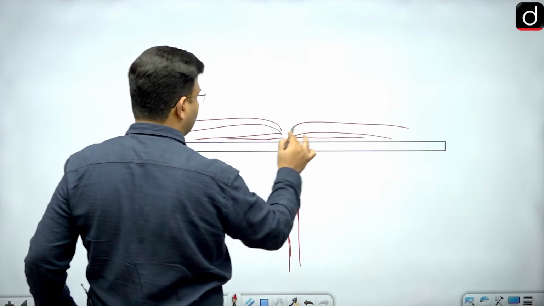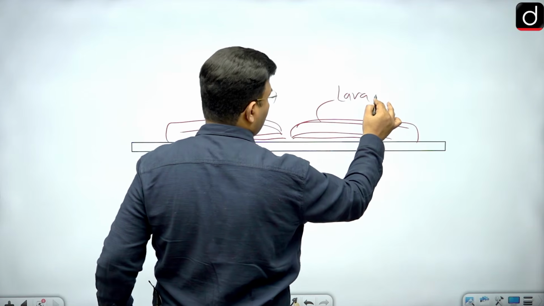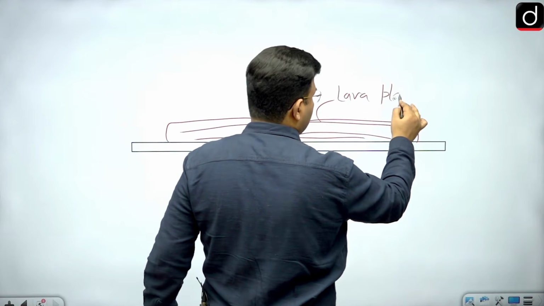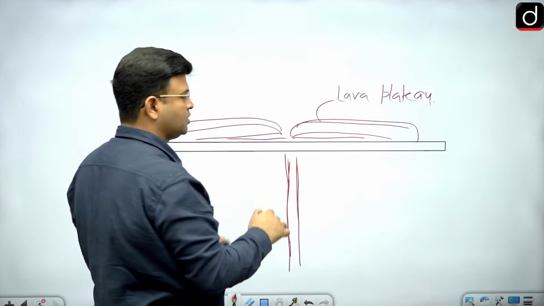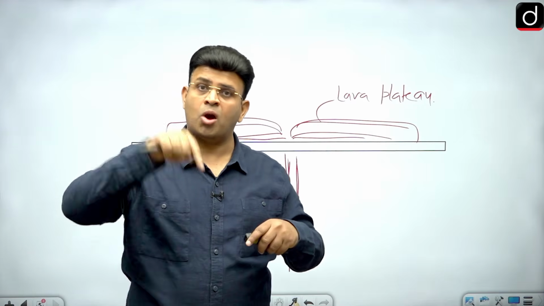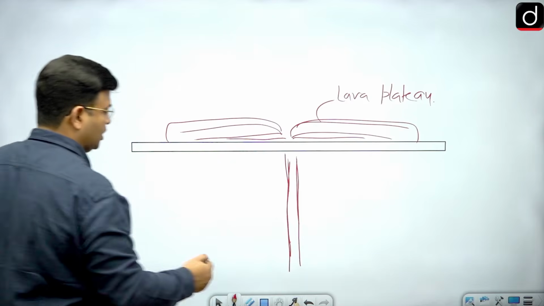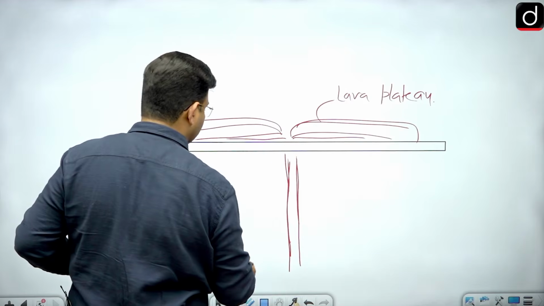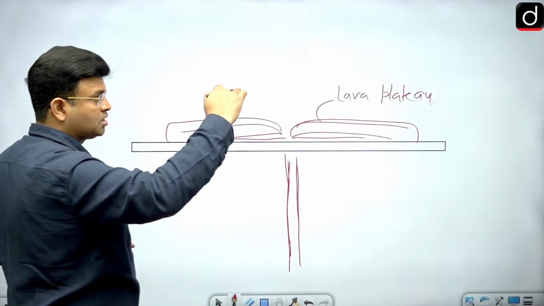So a lava plateau can also form, when layers of lava come, and which lava? Hotspot lava. I have explained it a little earlier. I said that this way magma is coming. I'm talking about extrusive activity, which is happening on the earth's surface.